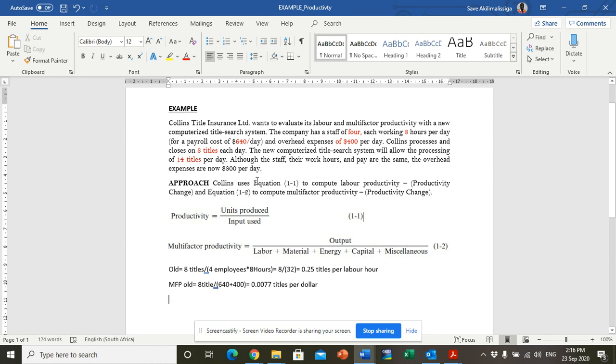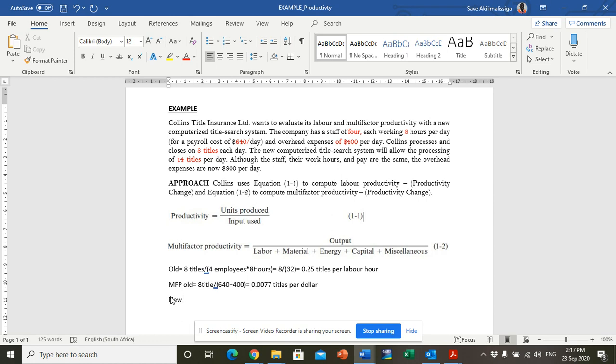And then they said the staff, their work hours and pay are the same, but the overhead expenses are now 800 per day. So what is going to change is the expenses, but we are not there since we are calculating labor productivity for the new system, right?